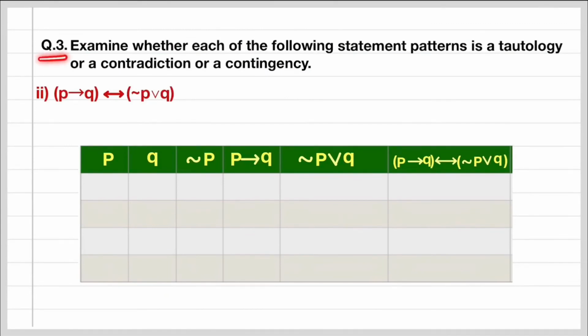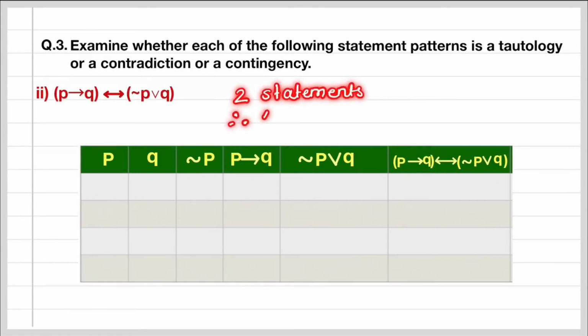We will start with question number 3. We have to check whether this is a tautology, contradiction or contingency. We will start with the second example. P implies Q, double implies negation of P or Q. Here 2 statements, that means 4 rows.